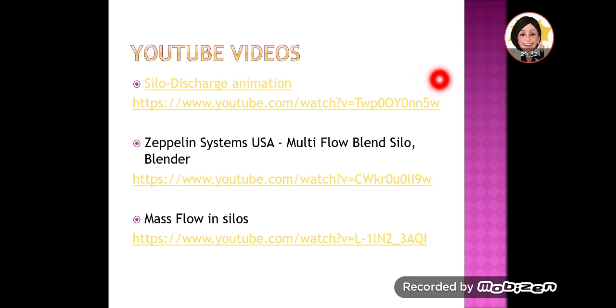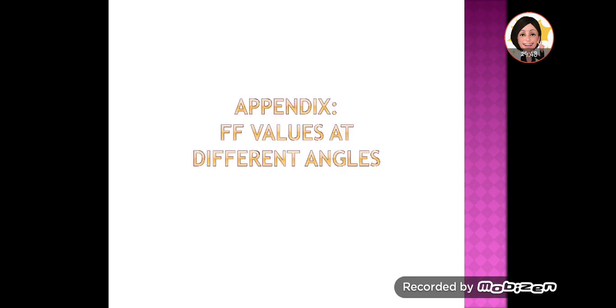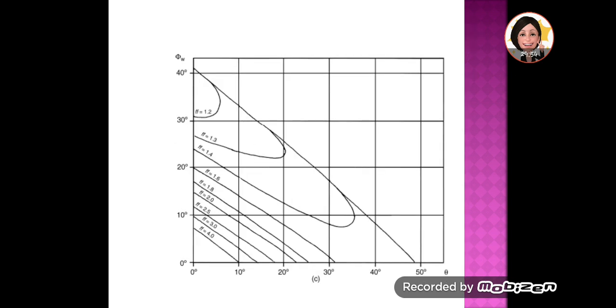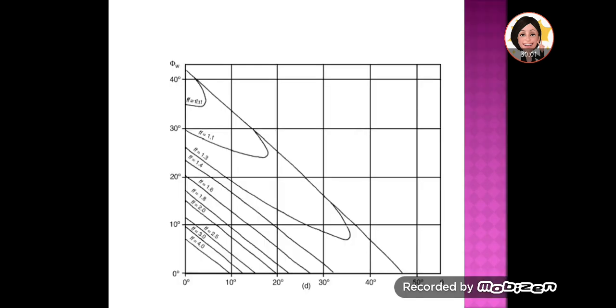This one is on core flow, this one is on mass flow, and this one is on rat holing. Enjoy watching the videos. And these are the appendix which are also present in your textbook, for different angle values. That's all for hopper design. See you in the next lecture.